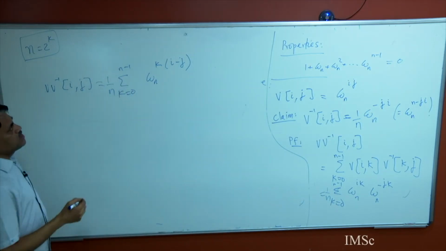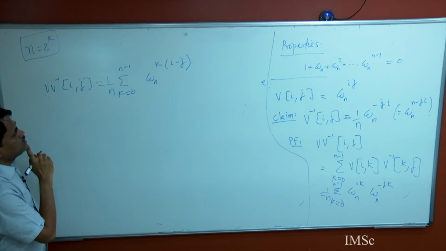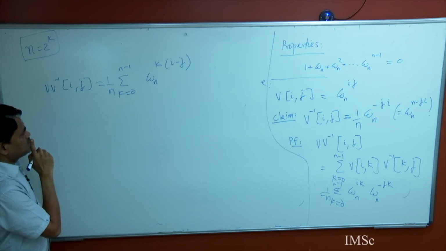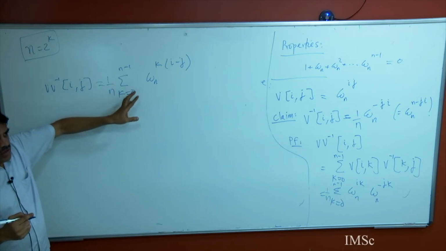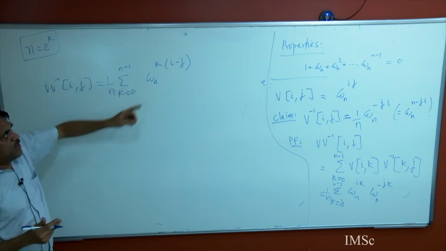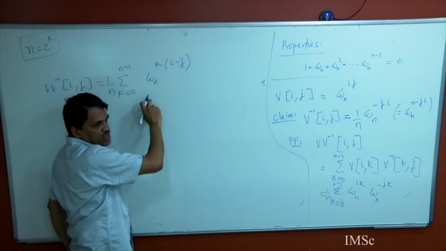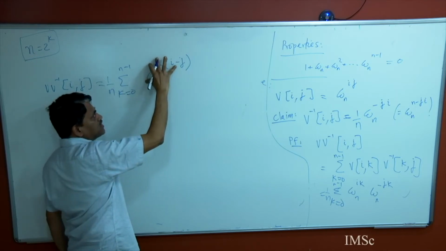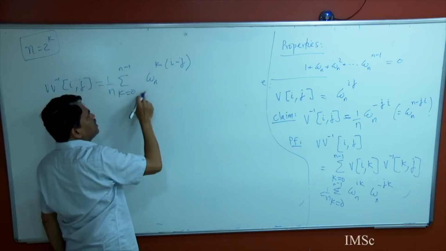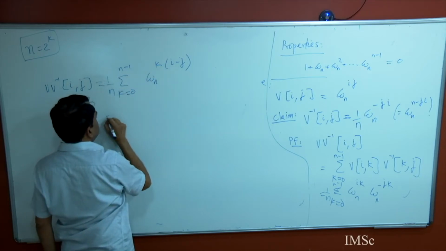What is this when i is equal to j? When i equals j, i minus j is 0, and anything to the power 0 is 1, so each term is 1, there are n terms, and with the 1 by n this is equal to 1.